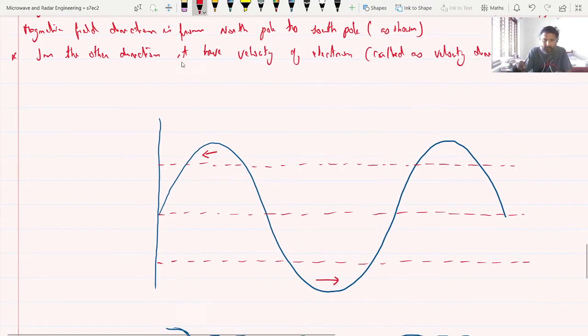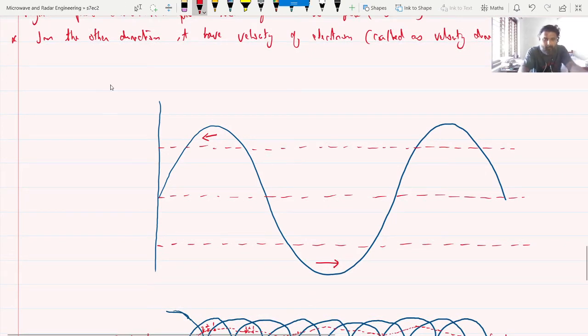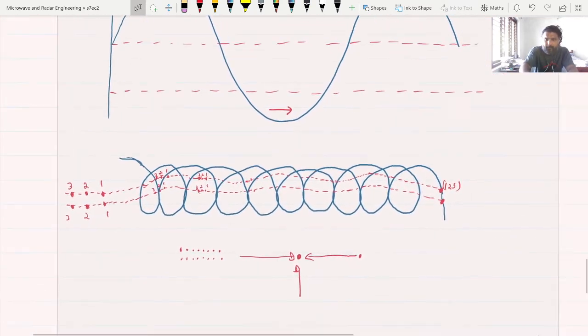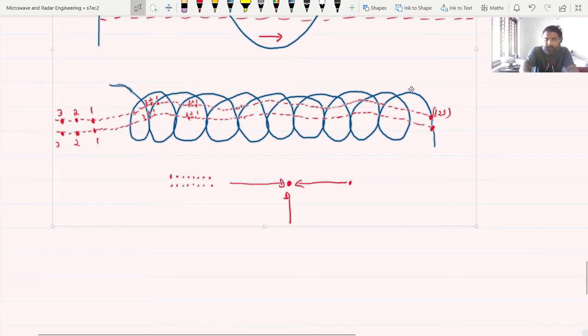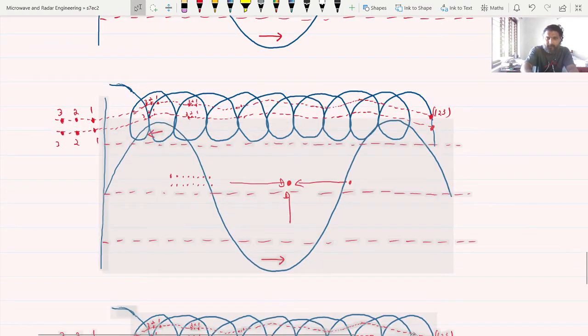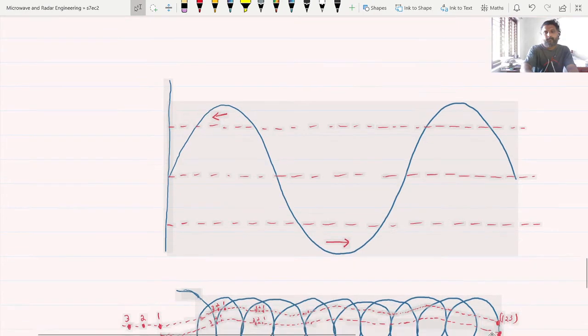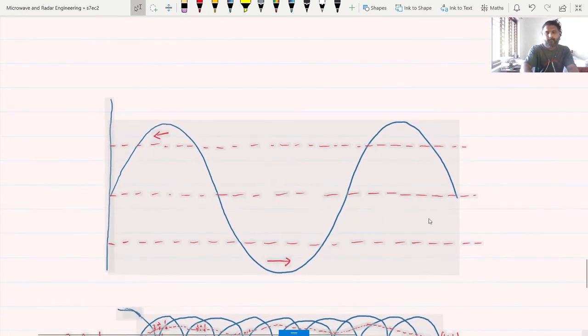I will bring this diagram lower down, since I already drew it for the explanation.